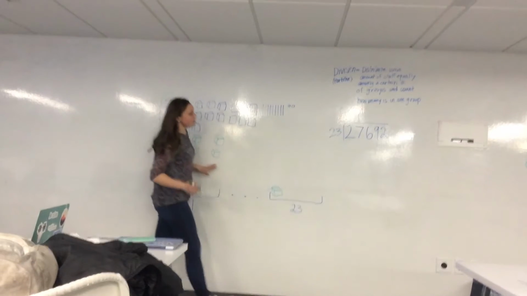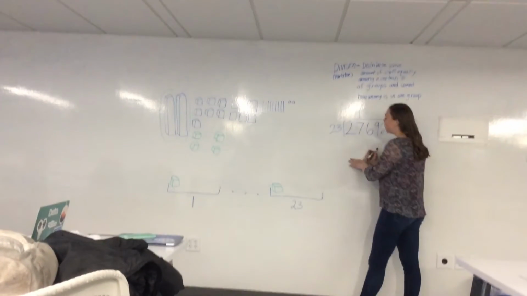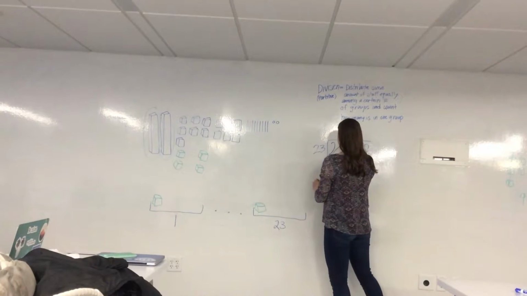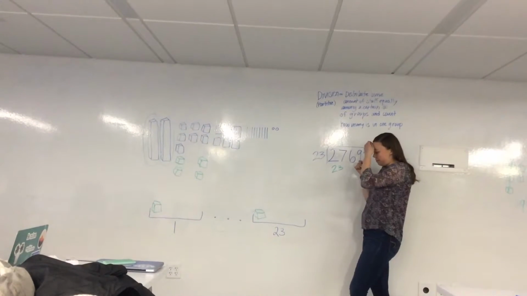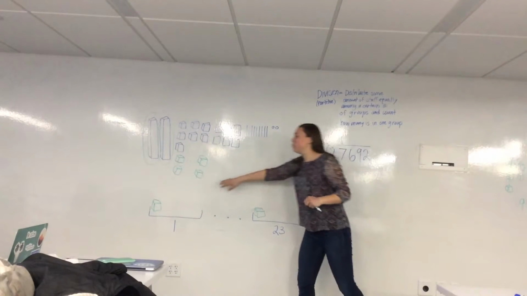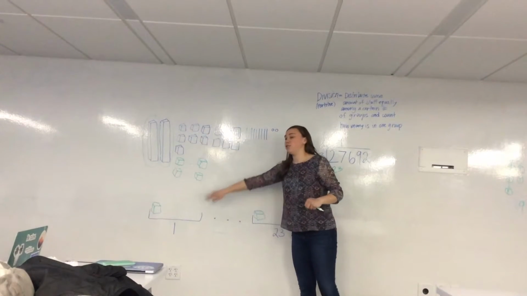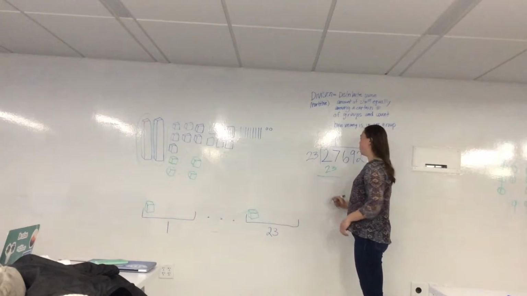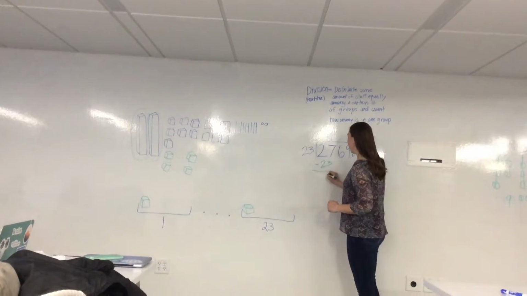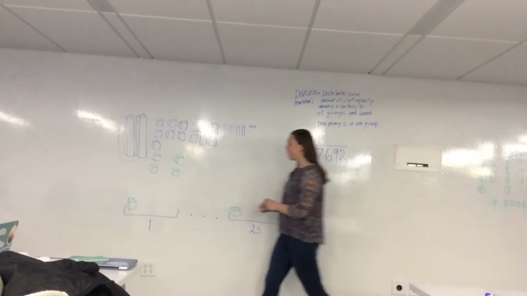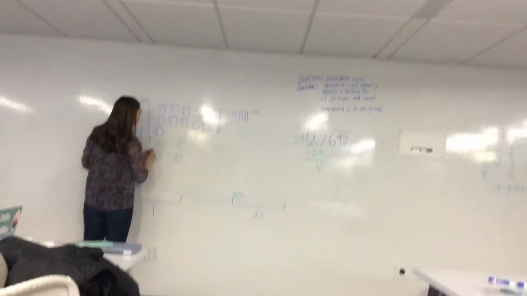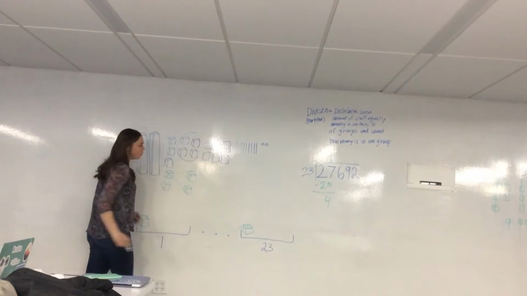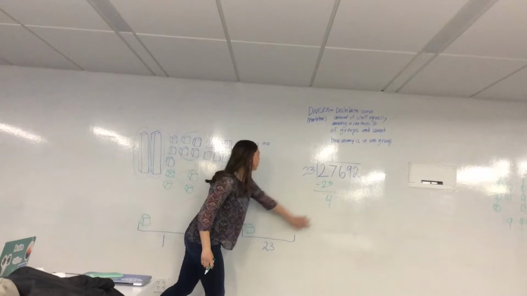Then next we do 1 times 23, and that's the same as saying we gave 1 to each group, and that was a total of 23 super cubes that we gave away. Now we want to see how many super cubes we have left over. So we do 27 minus 23, and we get 4. That means all of these have been accounted for. We have these 4 left over, and that's the same as this 4 right here.